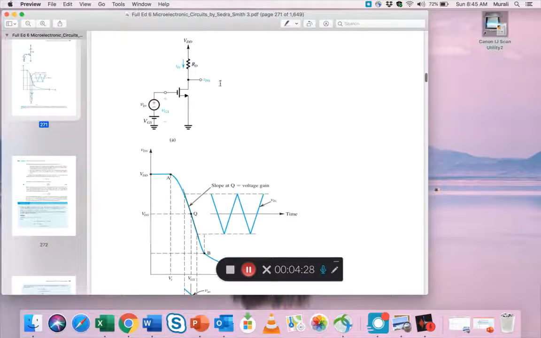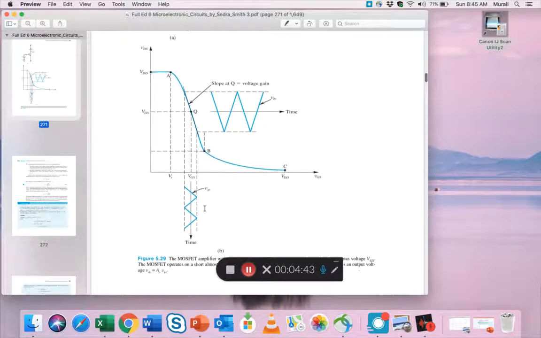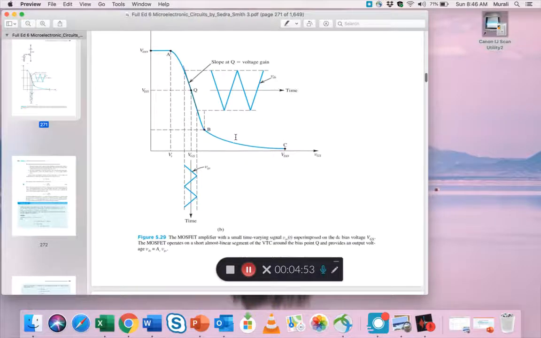Similarly, on the output side you will have to calculate VDS, which is the sum of the biasing drain to source voltage plus the output signal. The graph is very helpful, because we will be looking at points Q and B, and the swing from Q to B on the input side and on the output side.